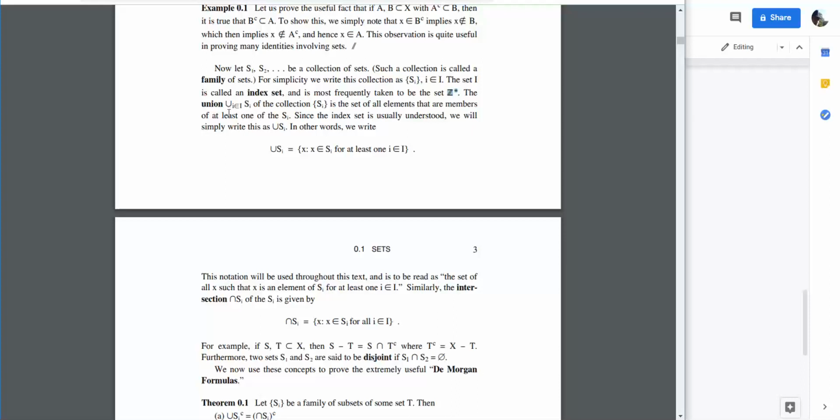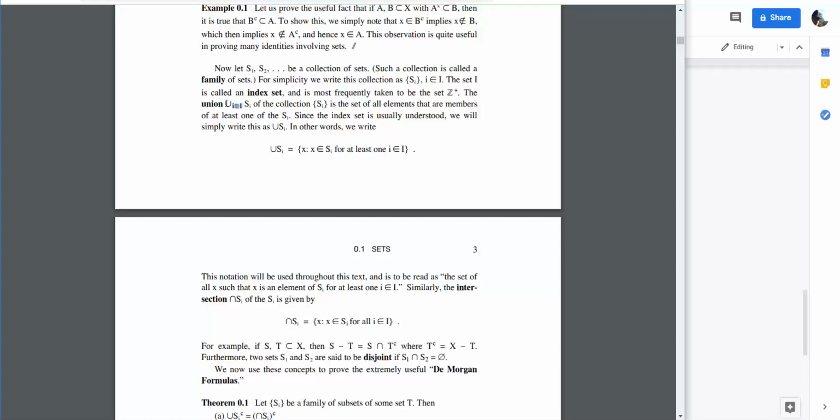Now the union of the collection S_i, so the union of all of these sets, is indicated by this symbol here, the union over i belonging to the positive integers.